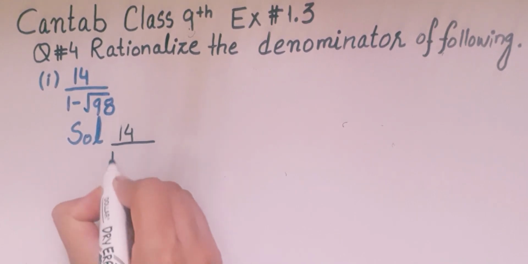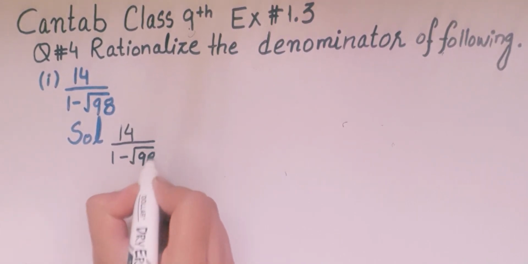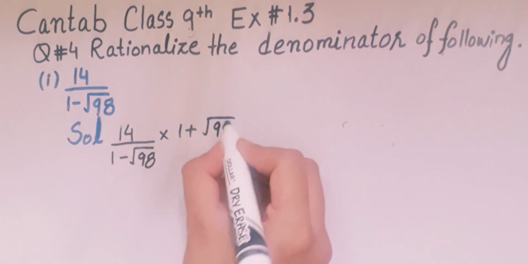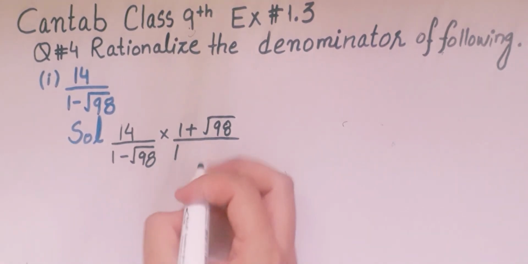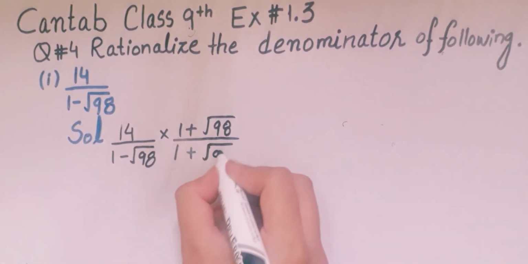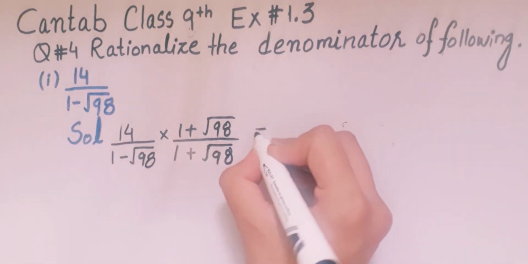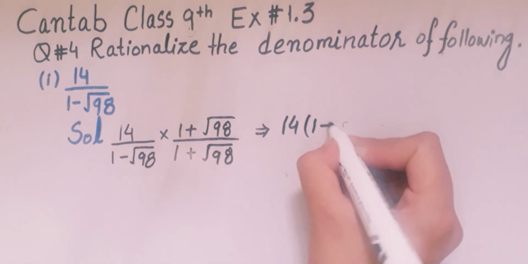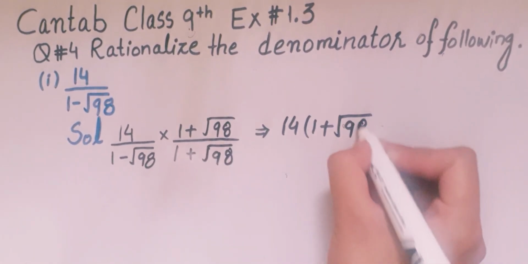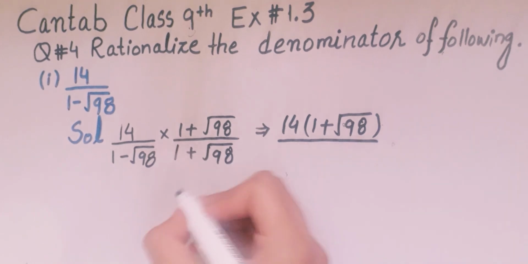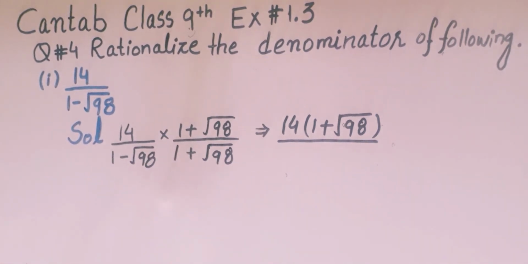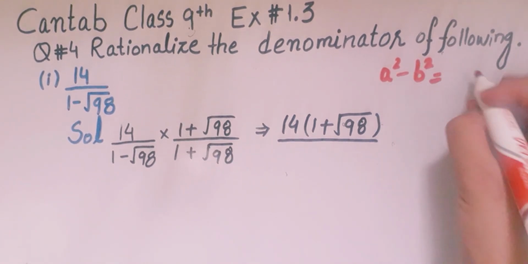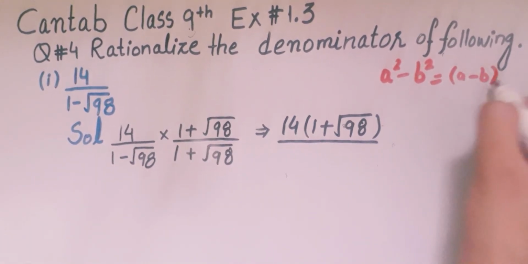14 by 1 minus square root of 98 multiply by 1 plus square root of 98 by 1 plus square root of 98, which is equal to 14 into 1 plus square root of 98 by, here we apply the formula of a square minus b square, which is equal to a minus b into a plus b.